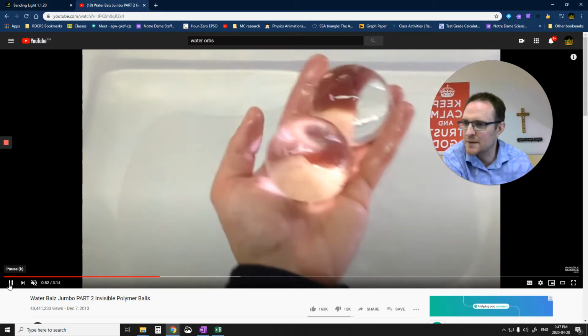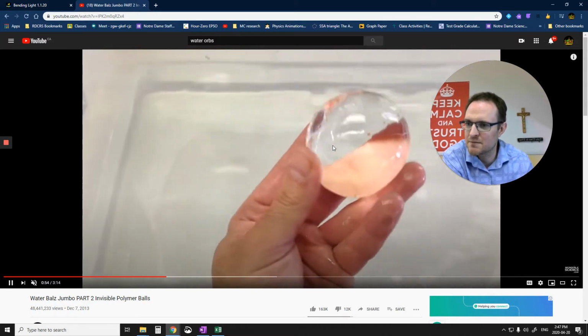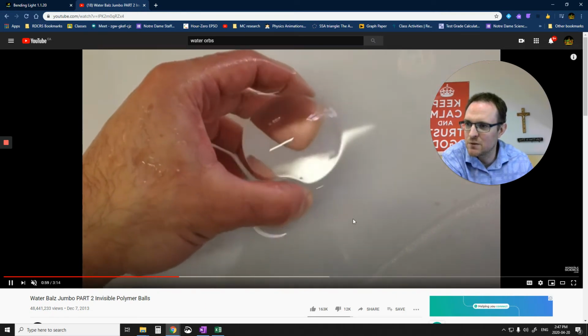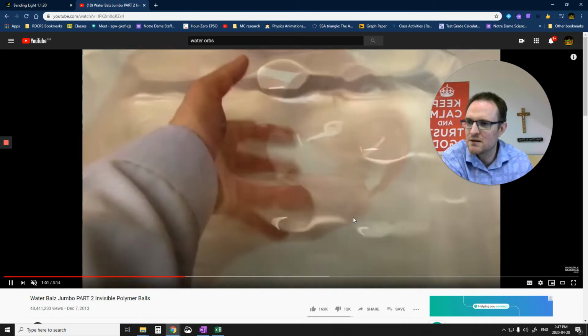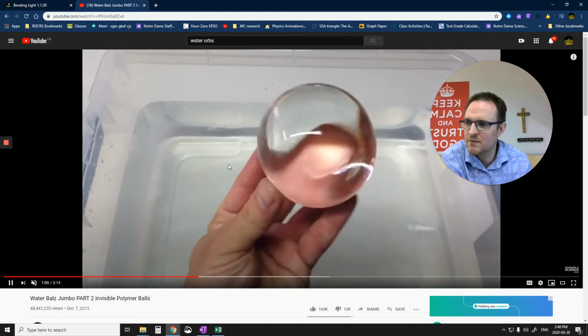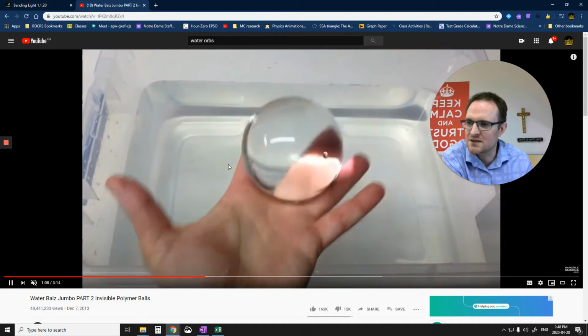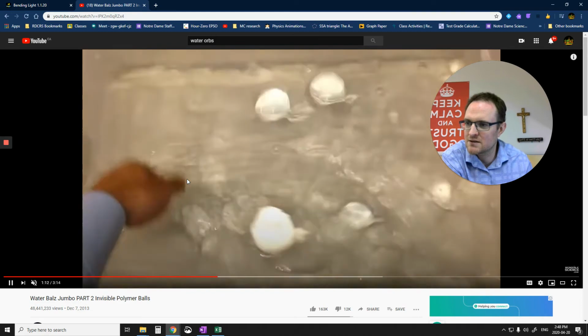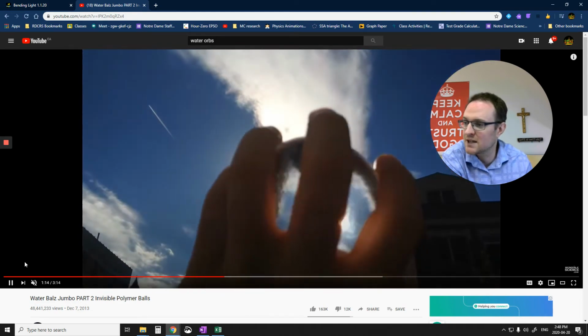When he drops them in the water, you notice that they just kind of disappear. It's because the index of refraction of those balls is the same as the water. You can see when he pulls that out, it just appears. You can buy these things in places like Spencer's Gifts. They just happen to have the same index of refraction as the water, so they don't bend light, and you just don't notice them there.